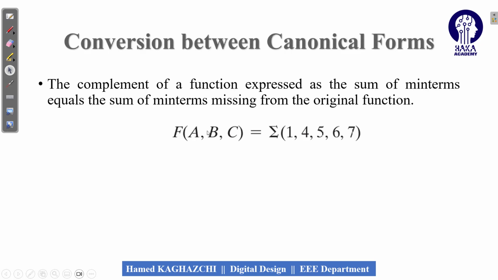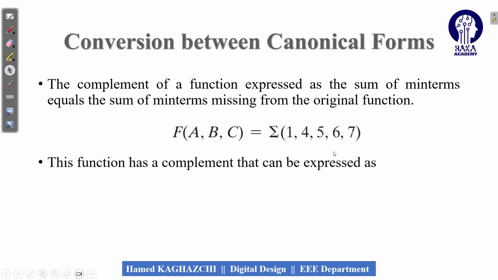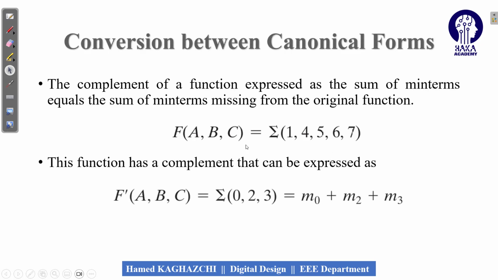Now I want to talk about the Boolean functions which are written in the canonical form. So look at here. Suppose that this is our function, f(a,b,c) is sum of 1, 4, 5, 6, 7. This represents the sum of minterms, which means m1, m4, m5, m6, m7.